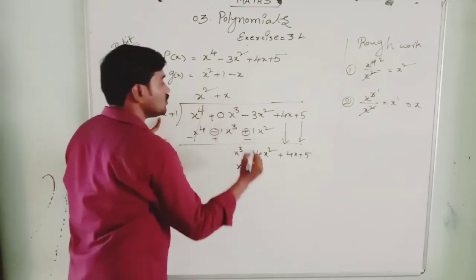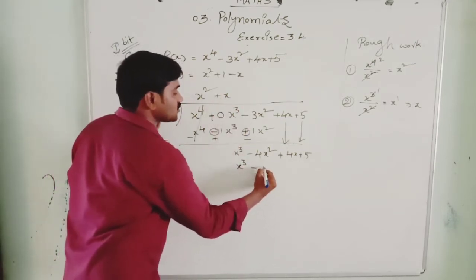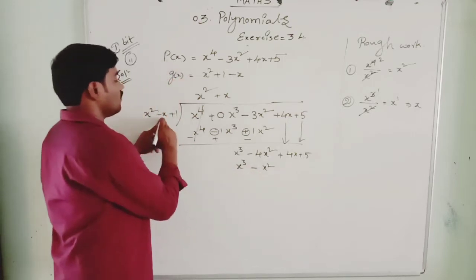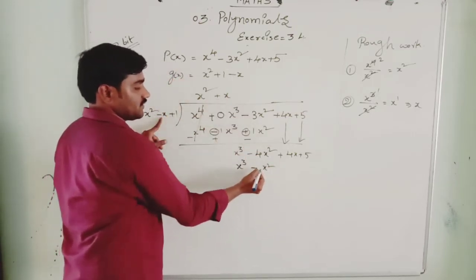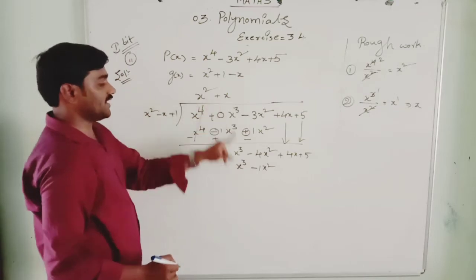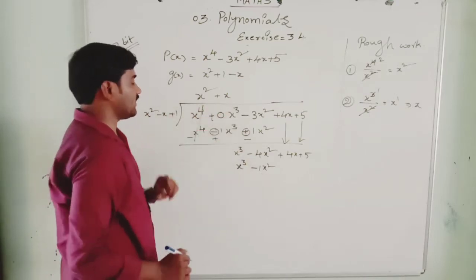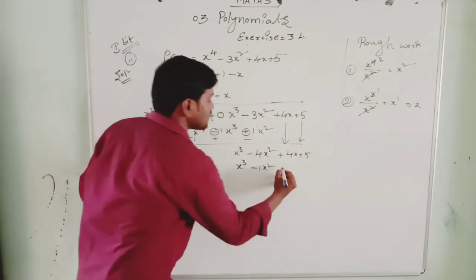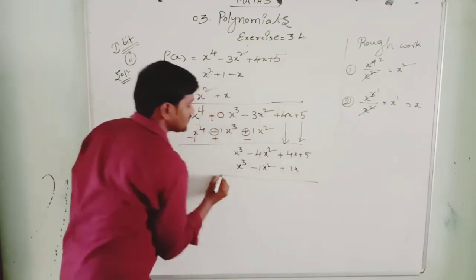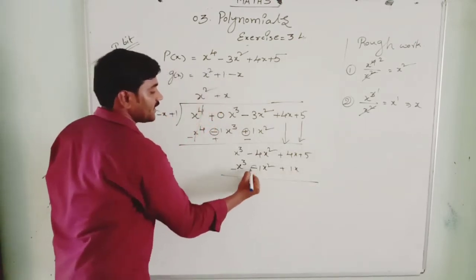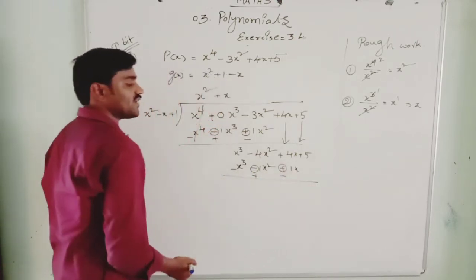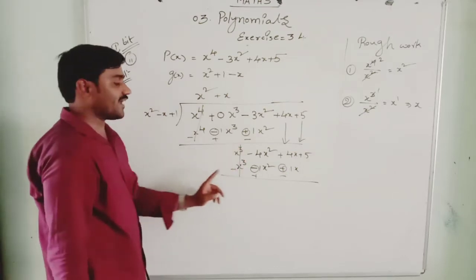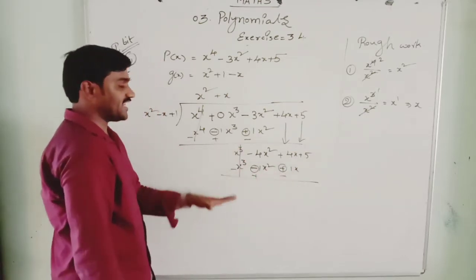Minus x into x is minus x square. 1 into x is x. Now we change the signs, this is plus and this is minus, because we have to cancel, so we multiply the complete expression by minus.